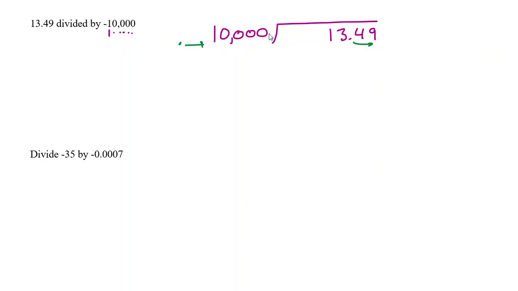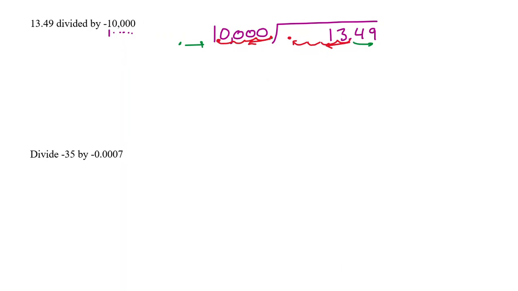But if there's a decimal point way out here and there's a bunch of unnecessary zeros, we don't need those zeros there, so I'm going to move the decimal point this way, and I'll do the same thing with this decimal point. So I'm going to move the decimal point 1, 2, 3, 4 spaces. So I'll move this decimal point 1, 2, 3, 4 spaces also, and put my new decimal point right there.